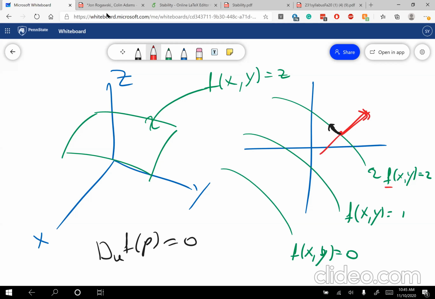And if we walk in the opposite direction, that will be the fastest rate of decrease. Any questions about this? So in general, the gradient is always orthogonal, or normal, to the level curves.